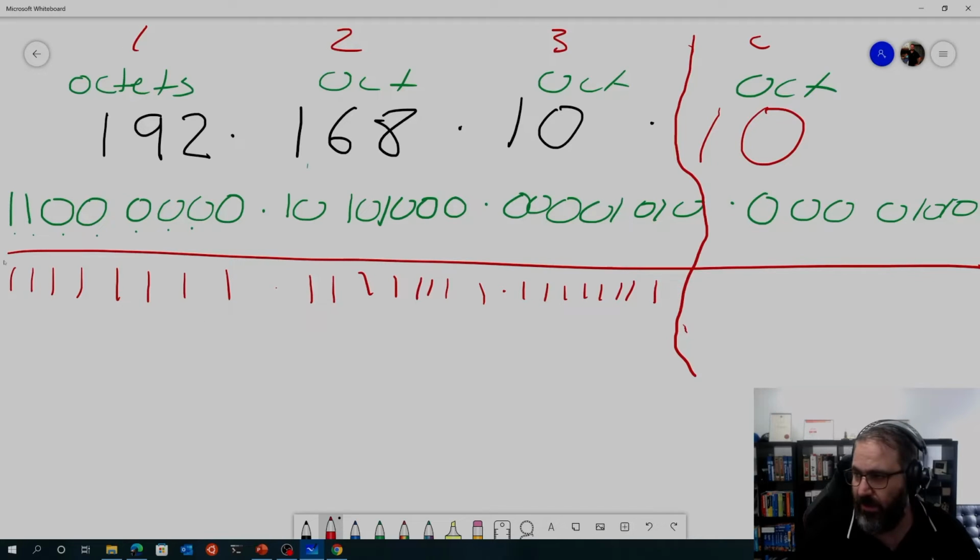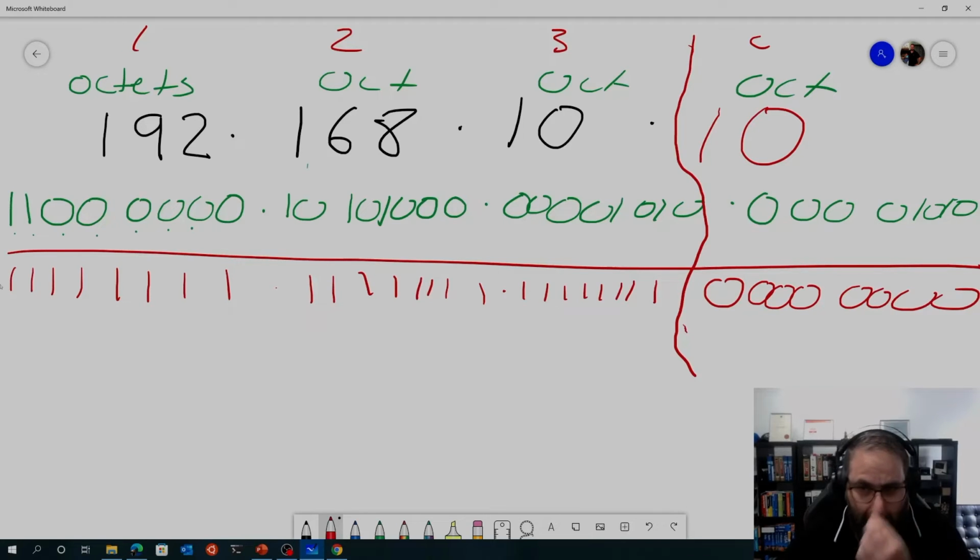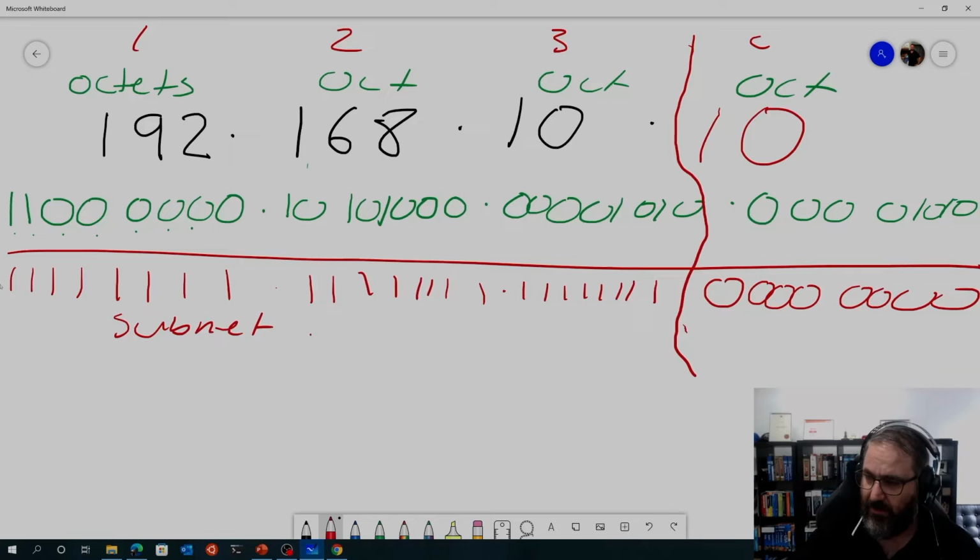Network, my apologies, they're the network bits. Here, I'm going to put them all as zeros. 1, 2, 3, 4. Can you see where we're going with this? So this is going to be my subnet mask or network mask, whatever you want to call it. Subnet mask is probably the most common term.